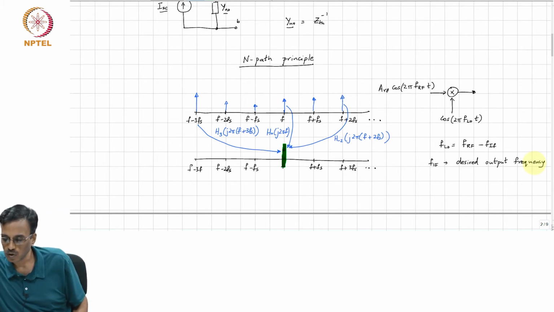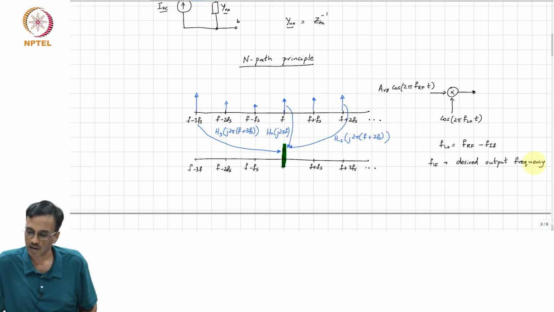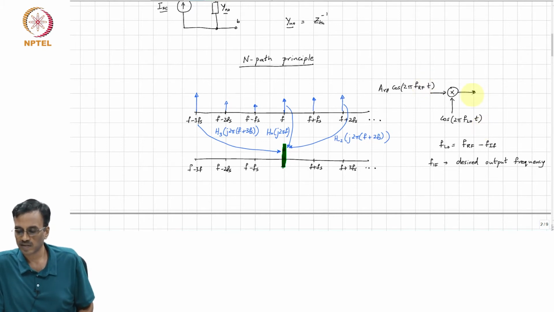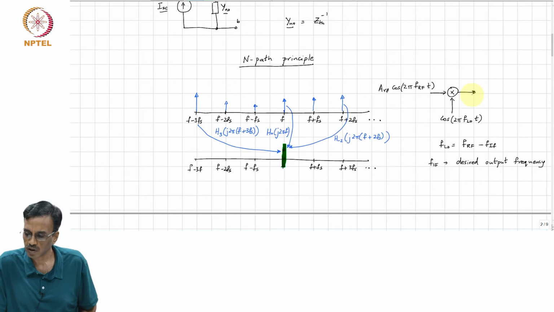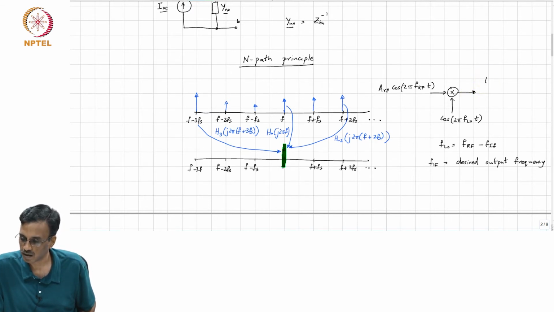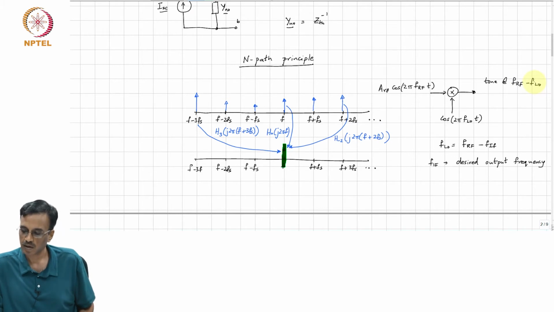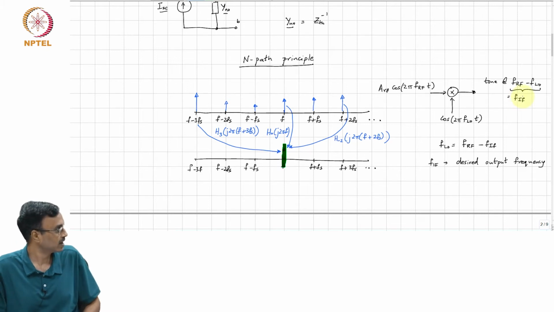right. So, as you can see, if you multiply a tone at RF with a tone at LO, there are two possibilities that can happen at the output. One is that you will get a tone at fRF minus fLO, and this is precisely equal to the IF frequency, right. This is often called the intermediate frequency.